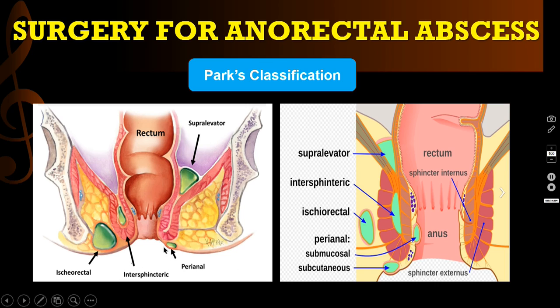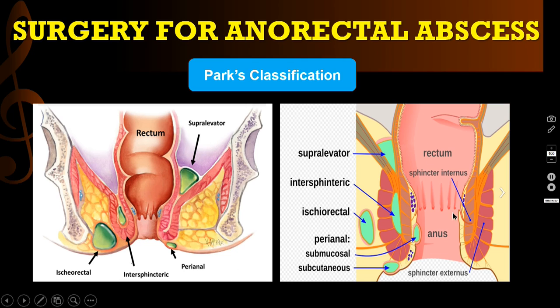In the ischiorectal and the perianal abscess, we can see swelling externally, whereas if it is an intersphincteric abscess or pelvirectal abscess, we cannot see the swelling outside the skin, but the patients will have very severe perineal pain.